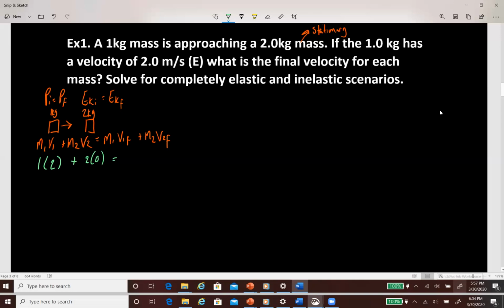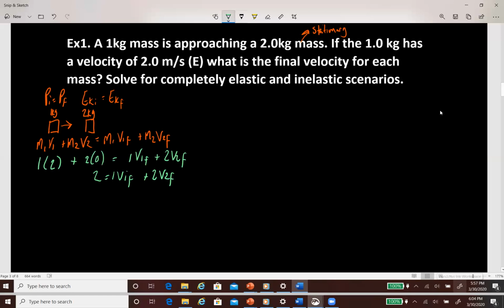And that's going to equal the mass of the first object, which is 1, but its final velocity is unknown. So we're going to just say it's v1f, plus the second mass, which is 2, times v2f, which we don't know. So this is going to give us 2 is equal to 1 v1f. I don't know why I'm writing 1. You don't need to write 1. I've written it, so we carry on. So here's one equation.